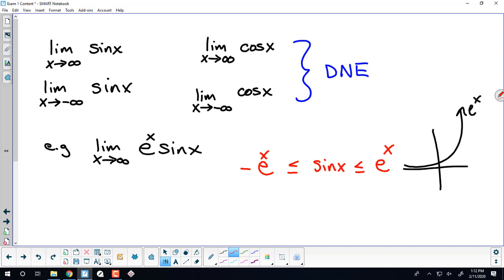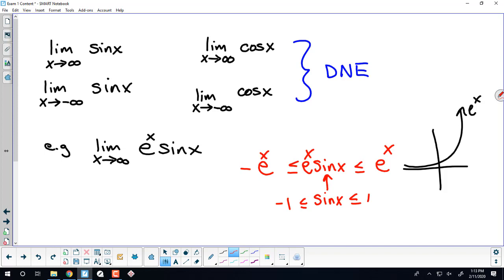So we start with this statement and then multiply through by e to the x to give us a sense of where that's at. Again, if you're required to use the Squeeze theorem on the exam, the inequality will already be provided. You just need to know, based off of this inequality, what does it actually tell me about the limit of the function in the middle?